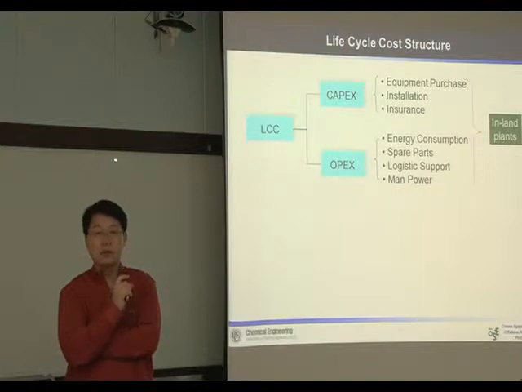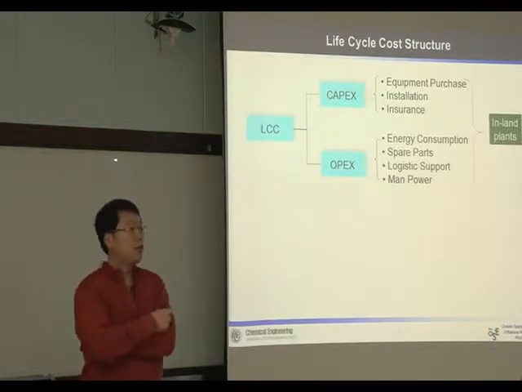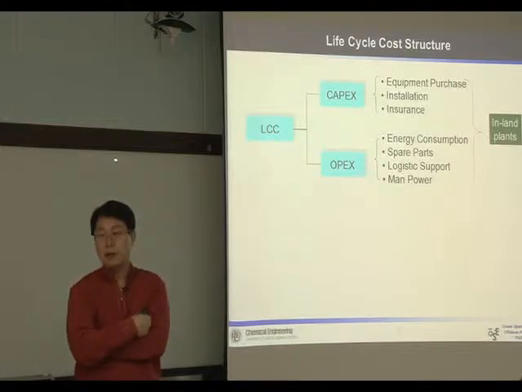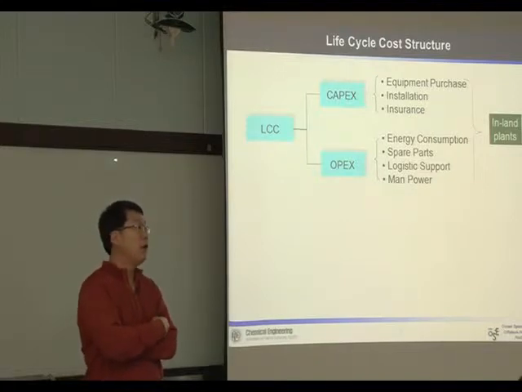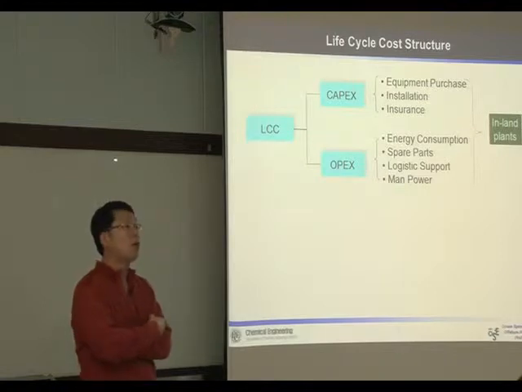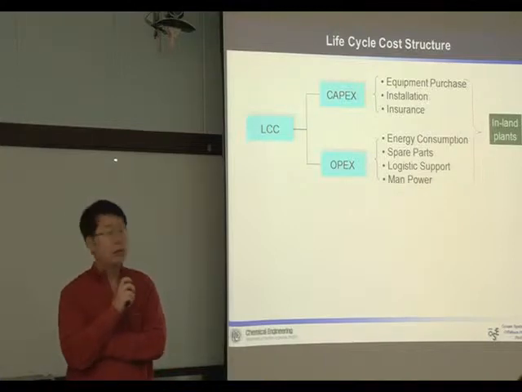So maintenance cost is very important. In the logistics support, we need personnel or some kind of support to deliver the spare parts, and the manpower, the operator's cost. So these are typical cost structures for a land-based plant.